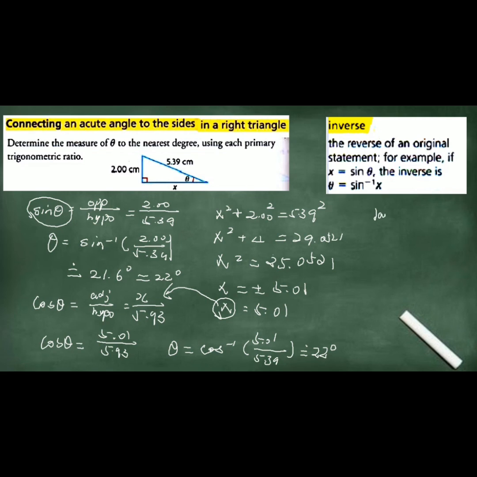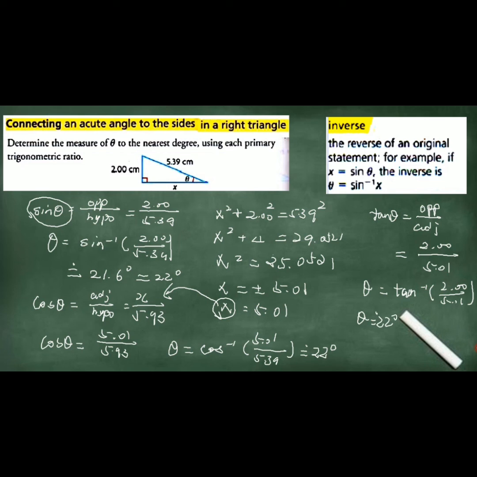Tangent theta equals opposite over adjacent, which is 2.00 over 5.01. So theta equals inverse tangent of 2.00 over 5.01. Theta equals 22 degrees using the calculator.